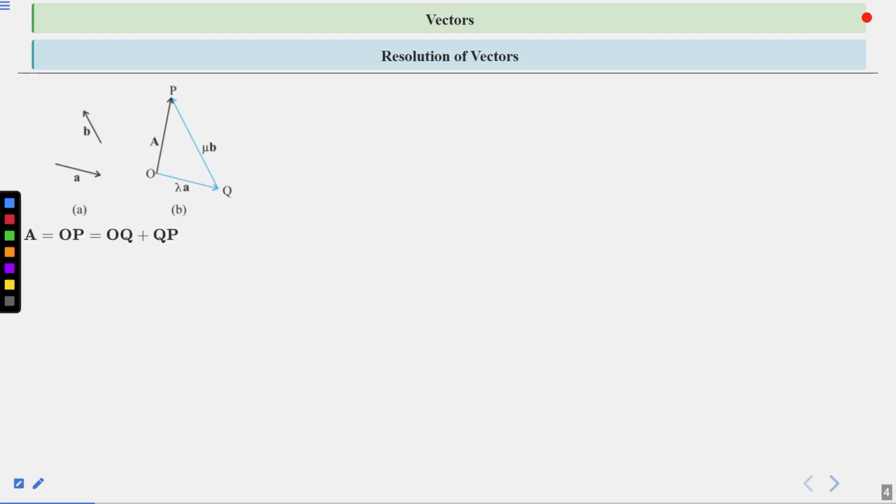So here we have two vectors, the OP vector and the OQ vector, but the resultant vector is the OP vector of the two vectors, that is OQ and QP.